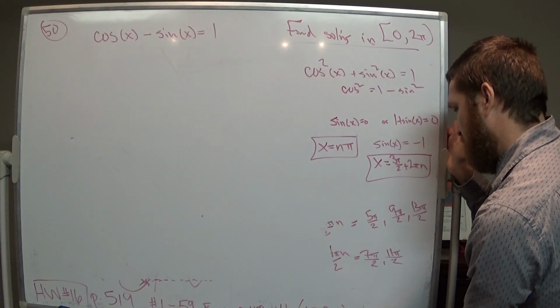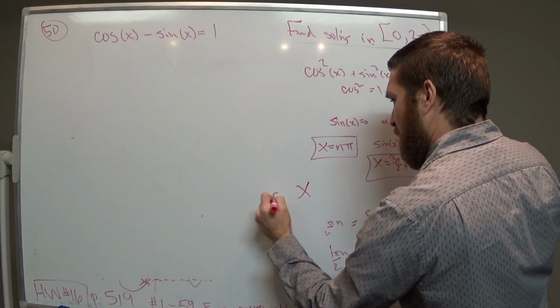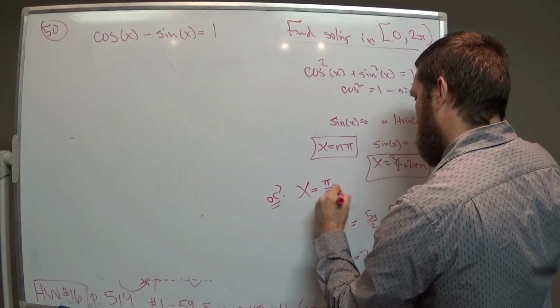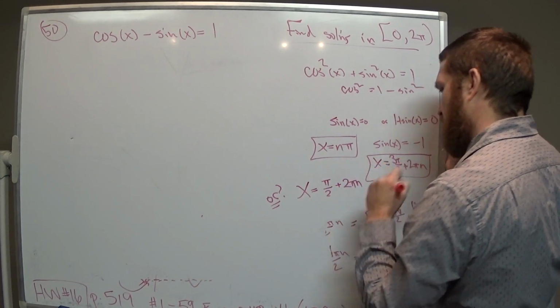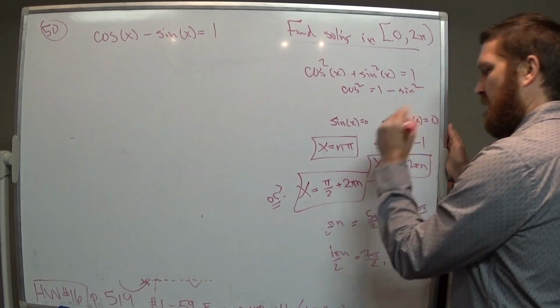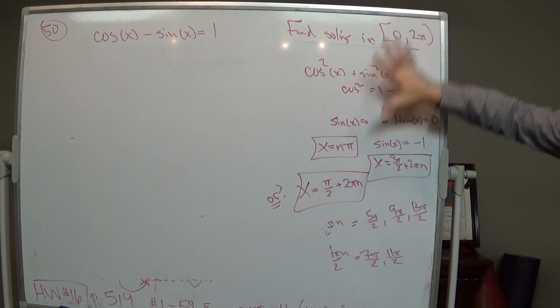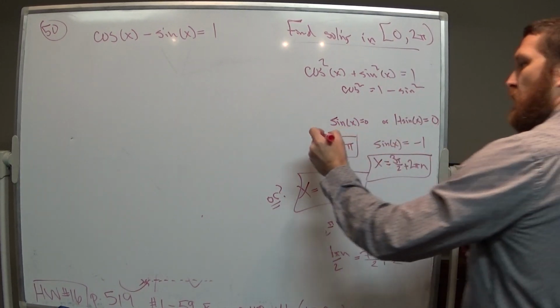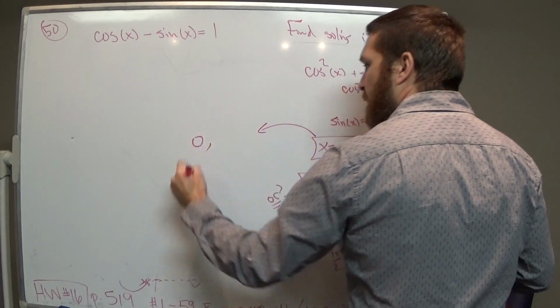Where was the one we picked up? Is it this? Pi over 2 plus 2 pi n. Which of these work? First off, just in 0 to 2 pi, I could see that this one is going to give me, if I plug in a 0, I get a 0.